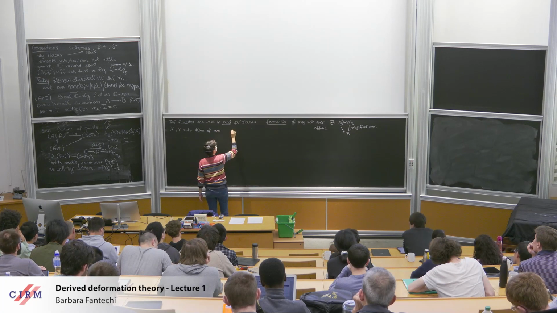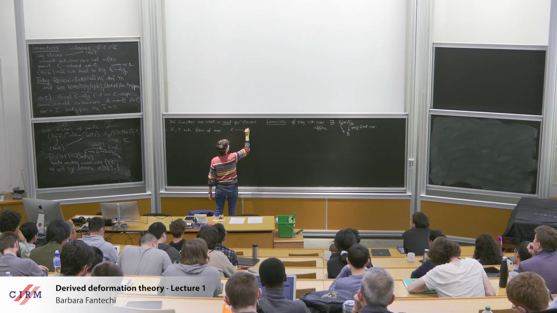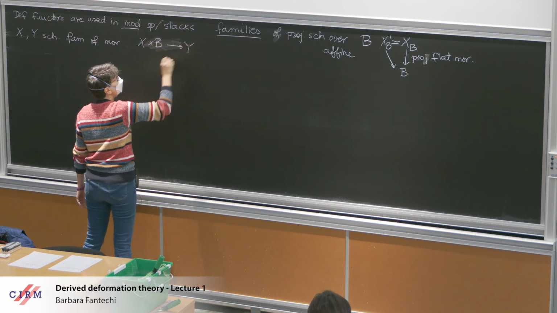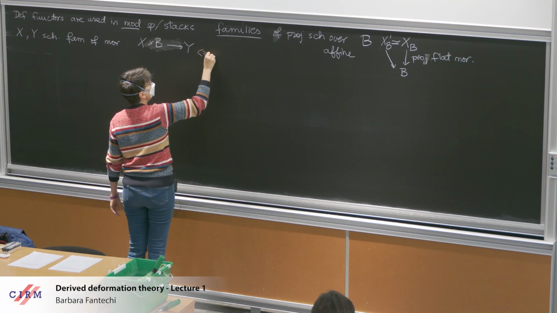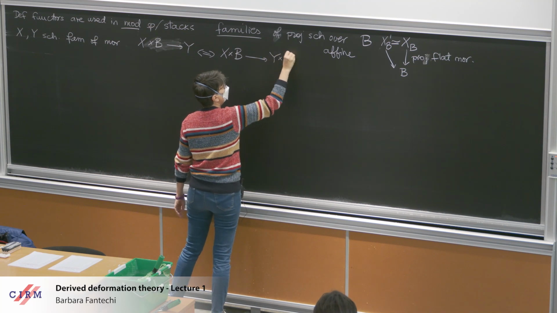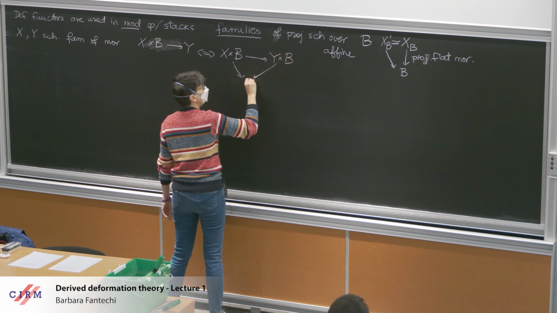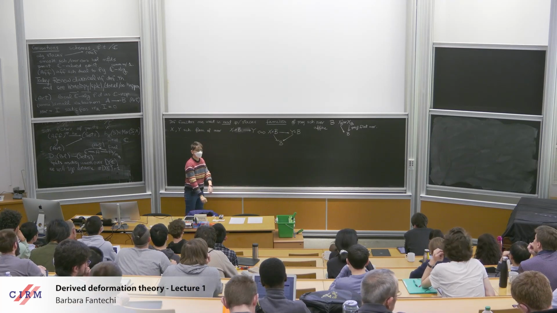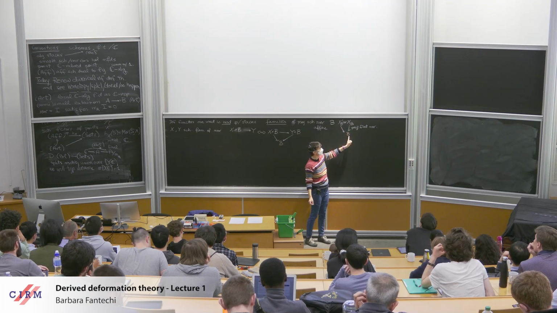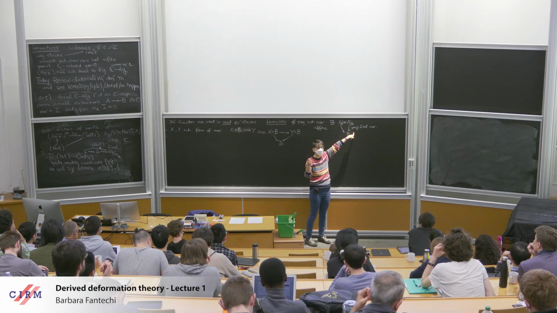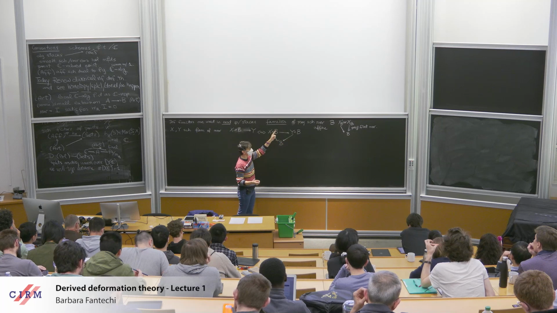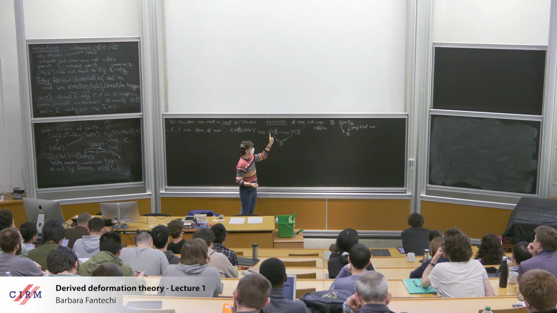This is just a morphism from X times B to Y, or equivalently, it's a morphism from X times B to Y times B over B. Okay, and we view this as a family of schemes parametrized by B, in that to every point I get a projective scheme. I view this as a family of maps parametrized by B, in that for any point I get a map.